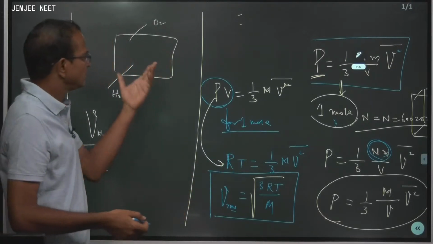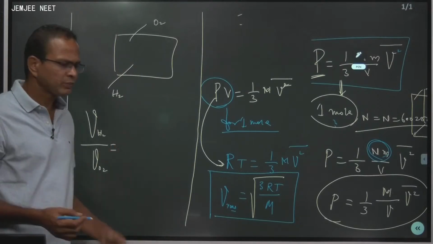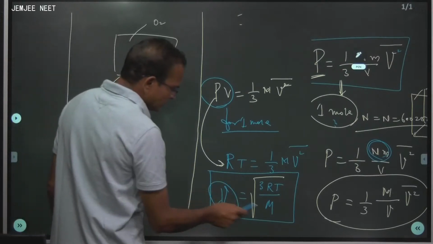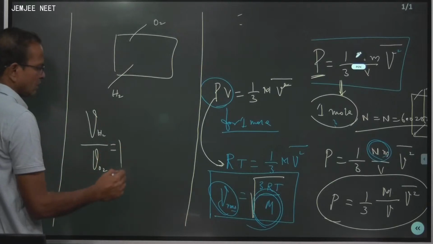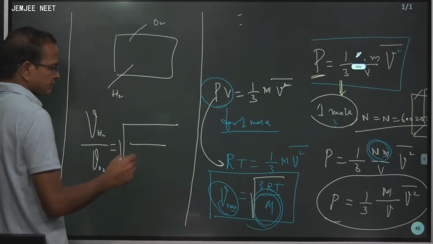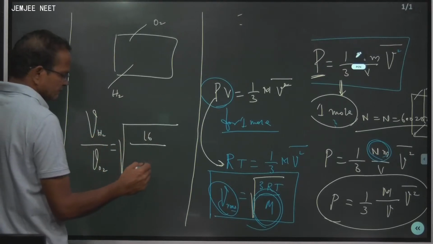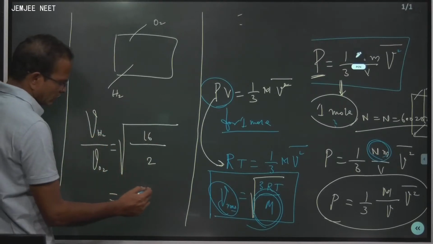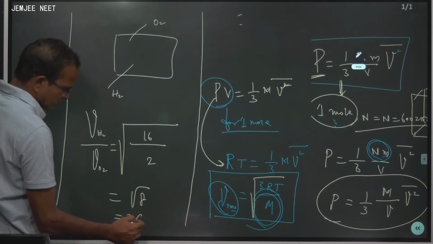You can understand that because they are in the same box, temperature must be the same. Now your velocity is inversely proportional to the square root of molecular mass, so the ratio is the square root of 8, which is 2 root 2 is the answer. Got the point?